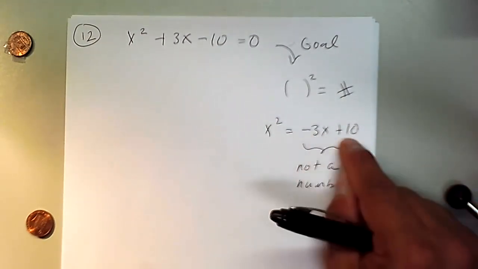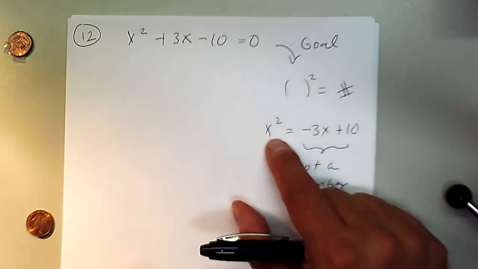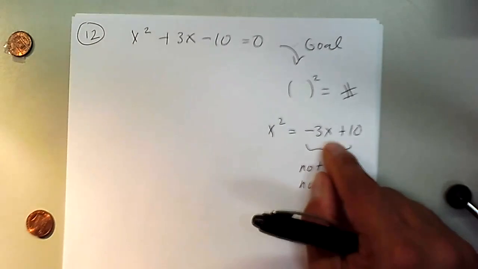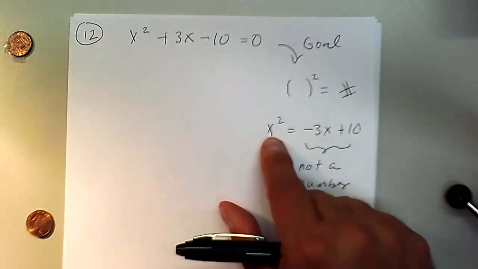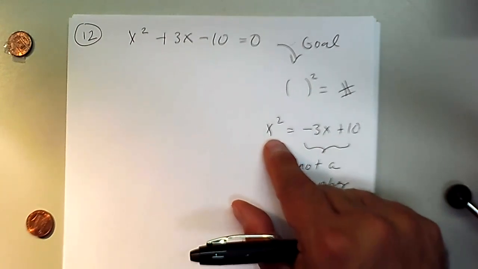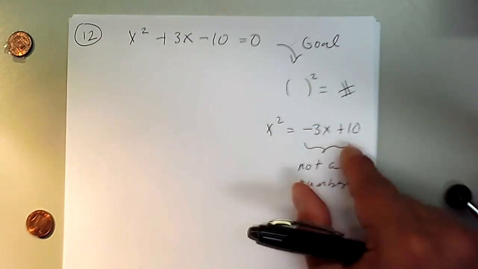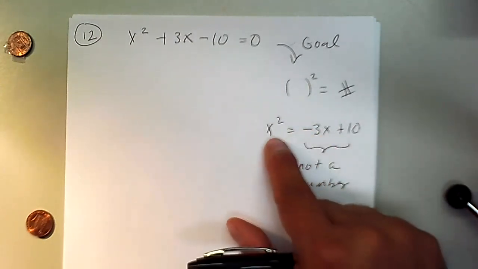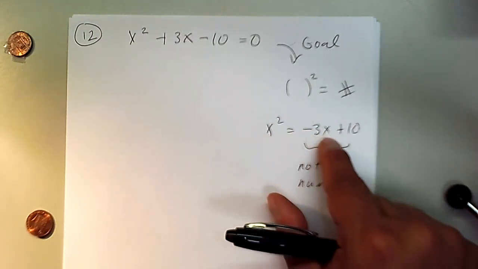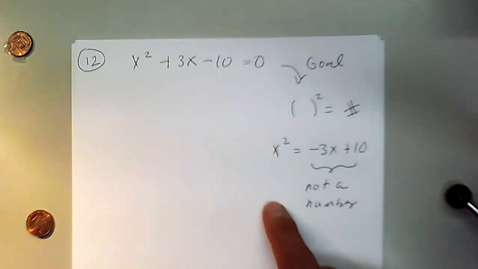So no, we cannot do that to start solving. Some students start doing this, and it sort of makes sense. It's not totally nonsense. It does have a little bit of sense, but still it won't lead to the correct solution because we cannot get rid of this x. So this won't work. We have to do something else instead.